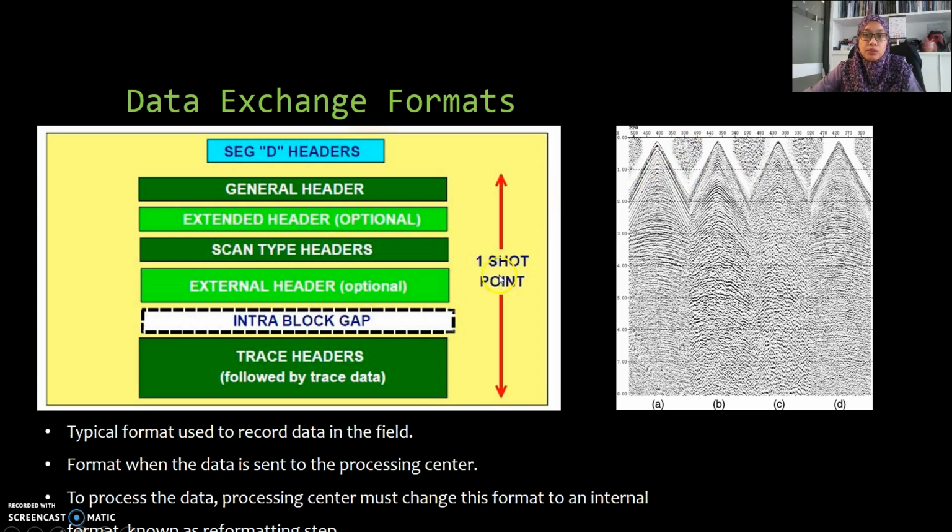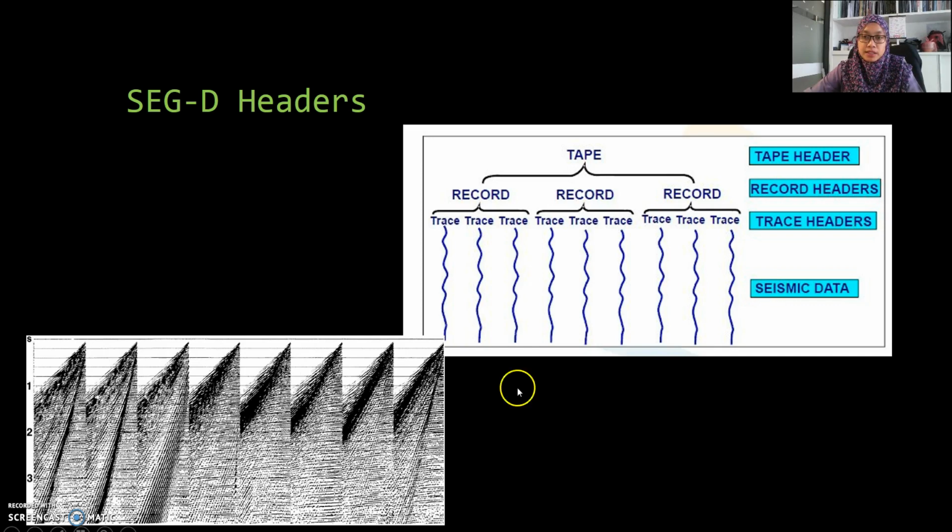In one shot point, we have a general header, extended headers, scan type headers, intra-block gap, and some trace headers. This is for both marine and land data. I'm showing here an example from land data, and here are SEG-D headers from marine data. It shows that marine data has near, mid, and far recorders.